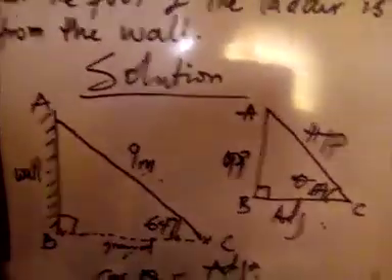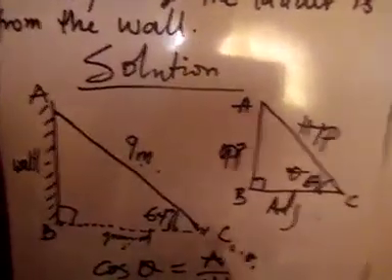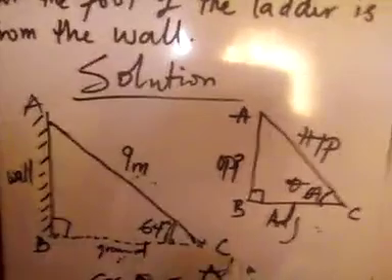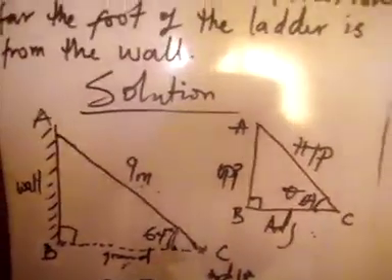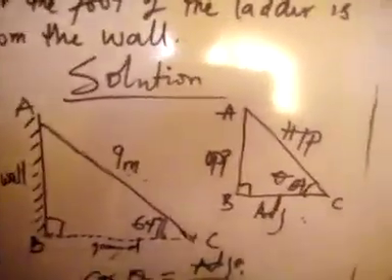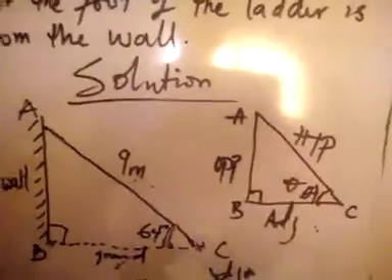We are asked to find the distance between the wall and the foot of the ladder, which is represented by BC. Don't forget the ladder is making an angle of 64 degrees with the horizontal ground. This is the horizontal, this is vertical, so this is 64 degrees.